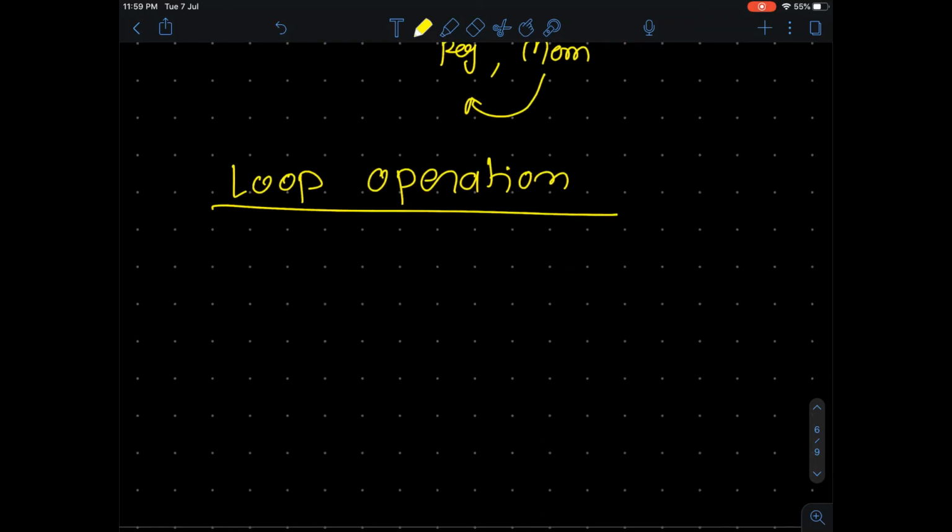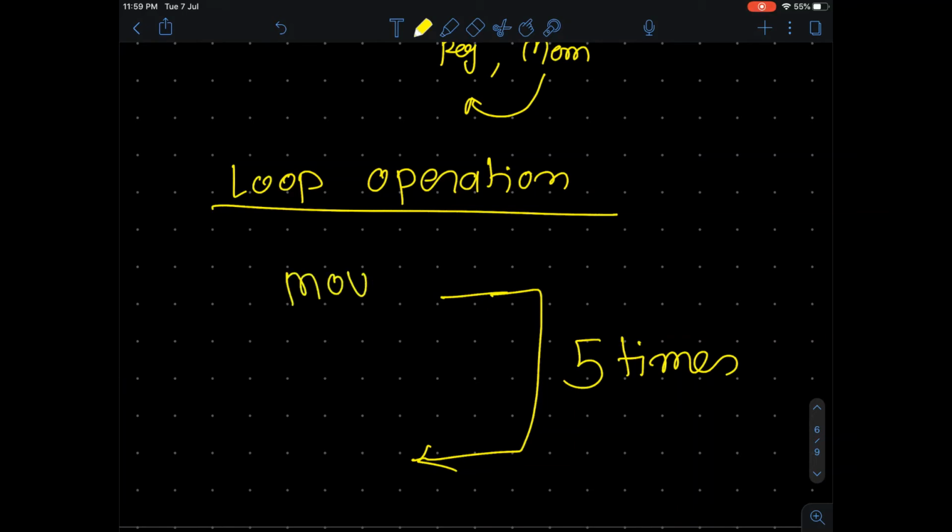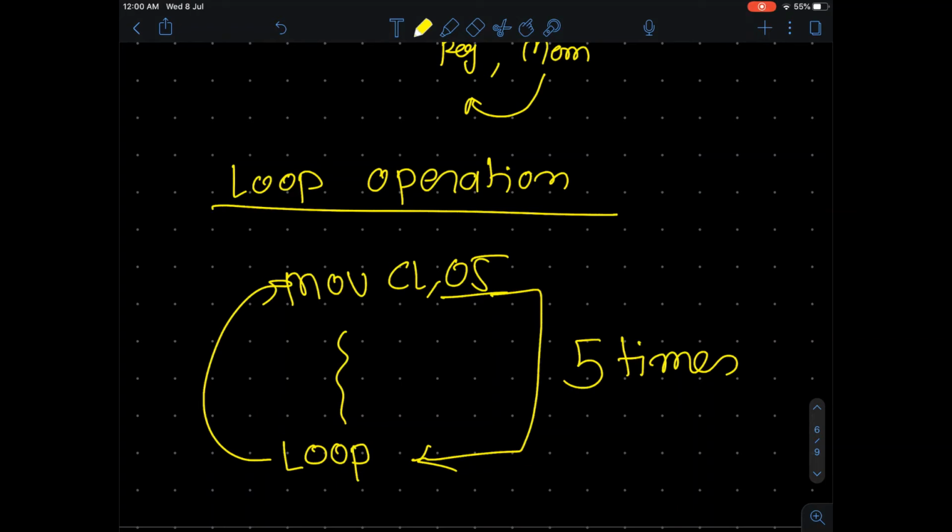Similarly here, suppose I have to perform some operation 5 times. In that case, 5 is taken in the CL register and then it is decremented. By default there are certain instructions, such as the loop instruction, which decrement the content of the CL or CX register and automatically transfer the program control back.